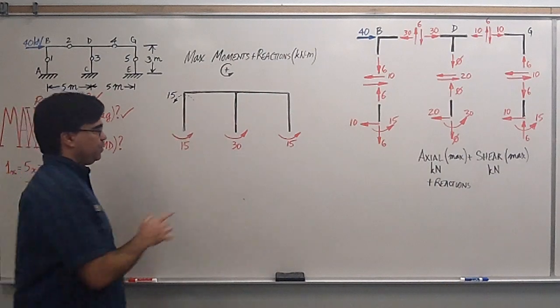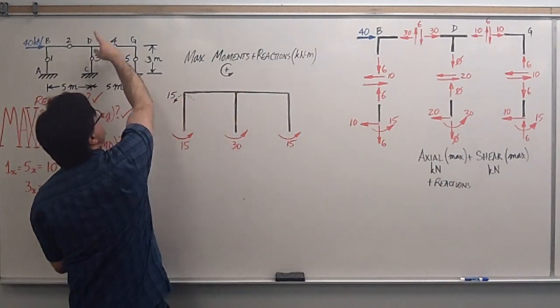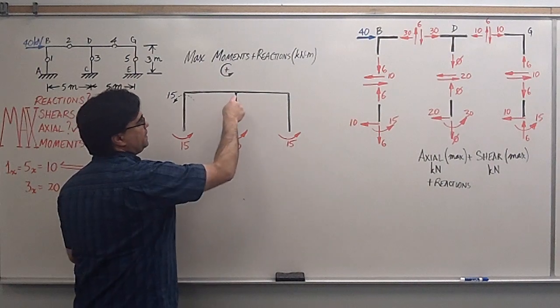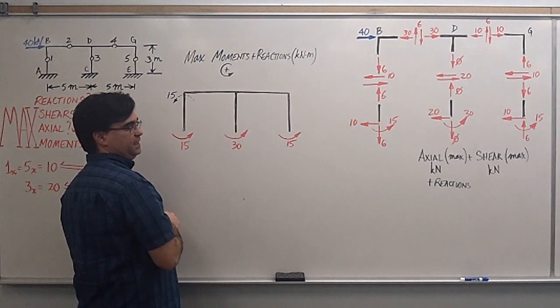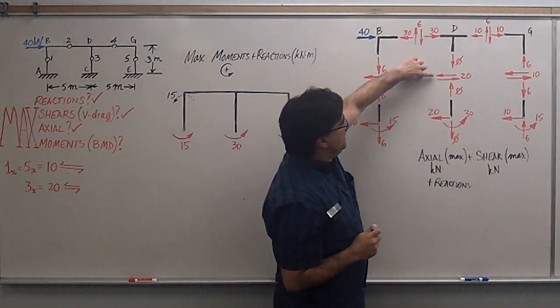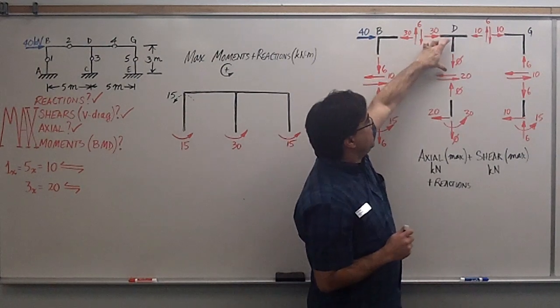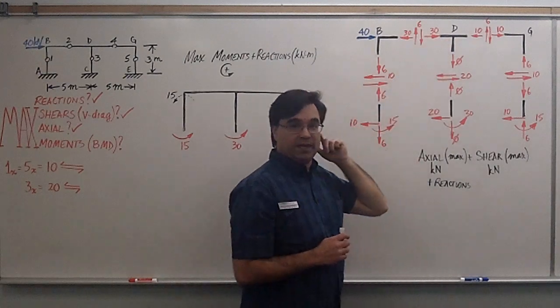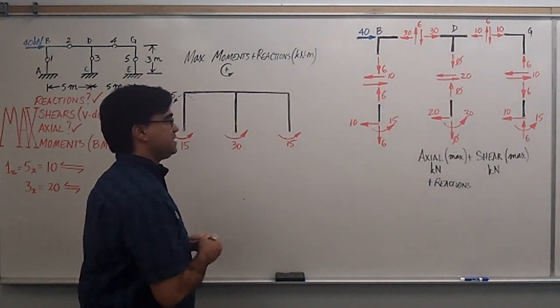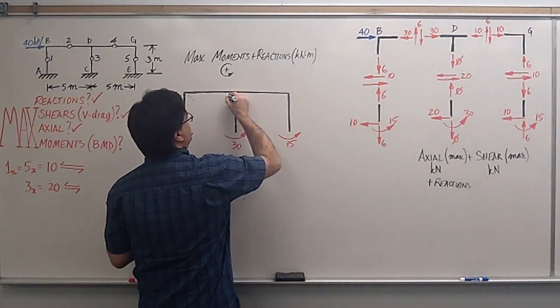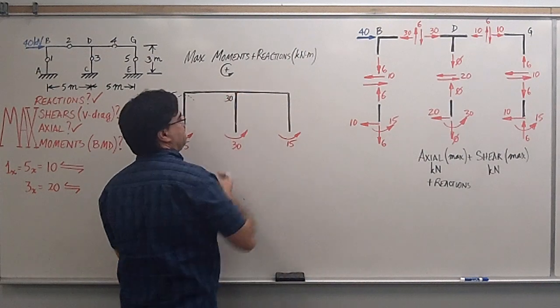Let's do this column here, column CD. To find the moment at that end of CD, it's going to be this shear, not this shear, that shear, times that distance. 20 times 2.5, which is 30. So this here is 30.